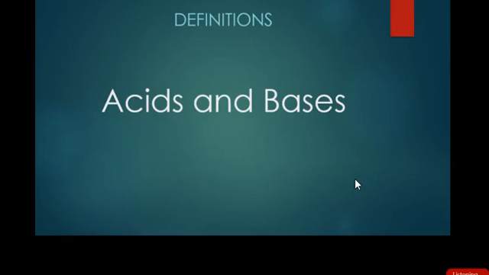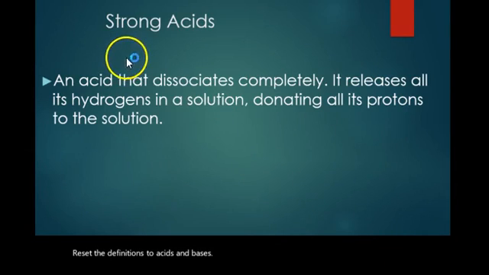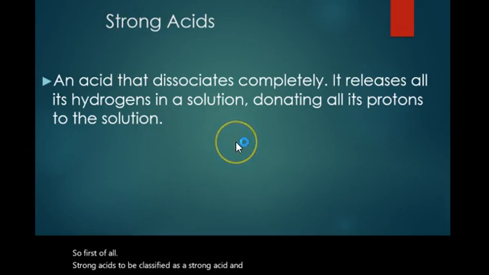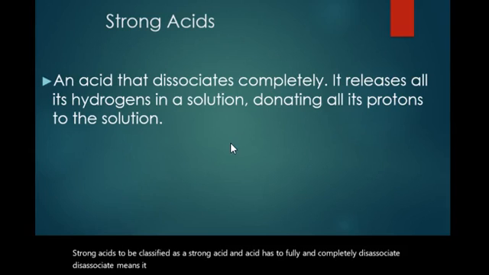These are the definitions to acids and bases. So, first of all, strong acids. To be classified as a strong acid, an acid has to fully and completely dissociate. Dissociate means it breaks up into its parts and releases all of its hydrogen into the solution.